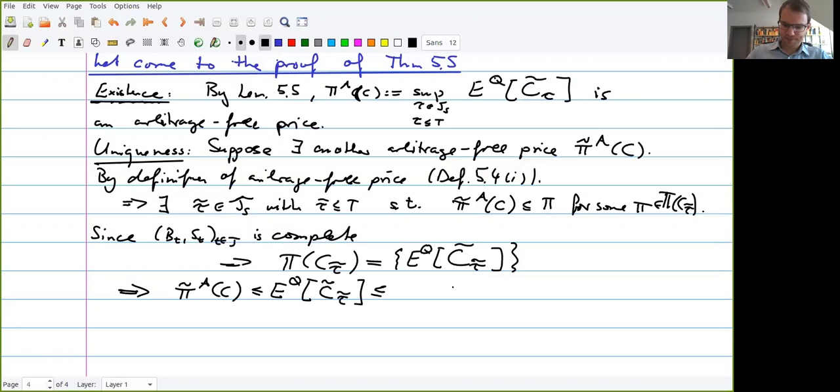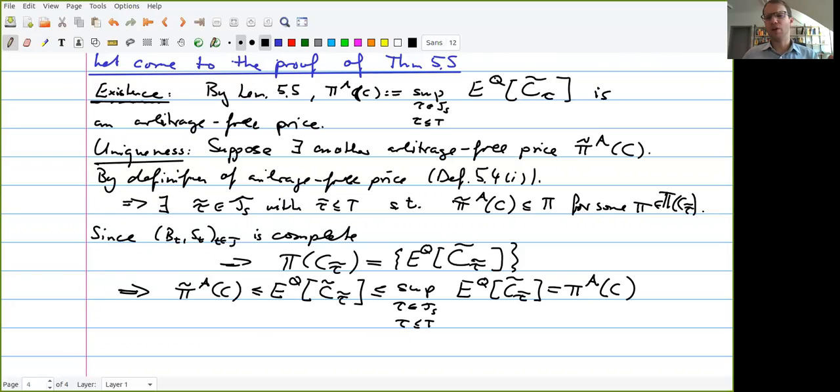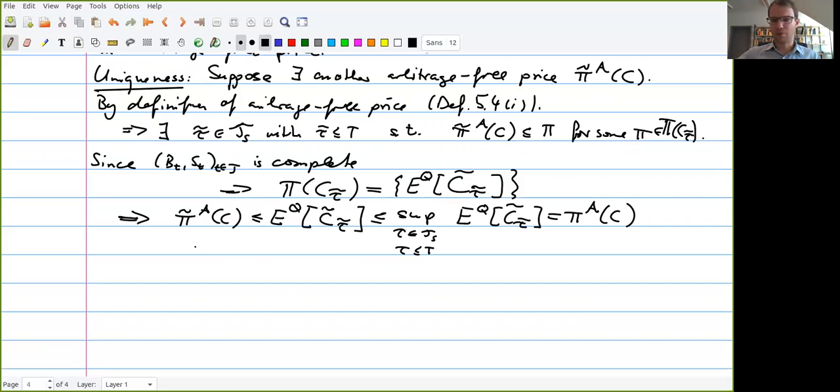And this is less or equal than the supremum over all possible stopping times less or equal than T, right? One element is always less than the supremum overall. And this is by definition our arbitrage-free price P_A of C. So we already know that any other arbitrage-free price of the American option has to be less or equal than the one we already showed to be an arbitrage-free price, which is P_A.